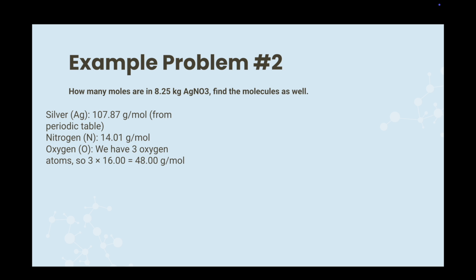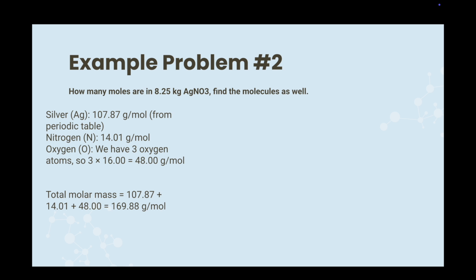Nitrogen is 14.01 grams per mole, and oxygen is 3 times 16, which gives us 48 grams per mole. So the total mass is 107.87 plus 14.01 plus 48, and that gives us 169.88 grams per mole.